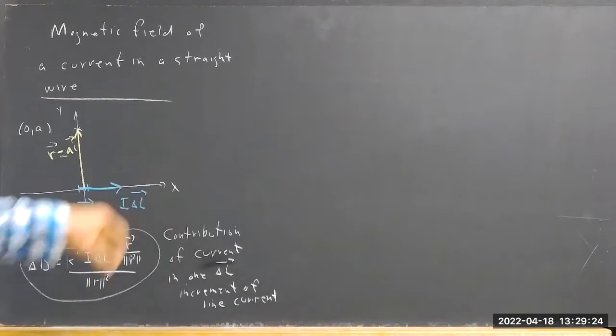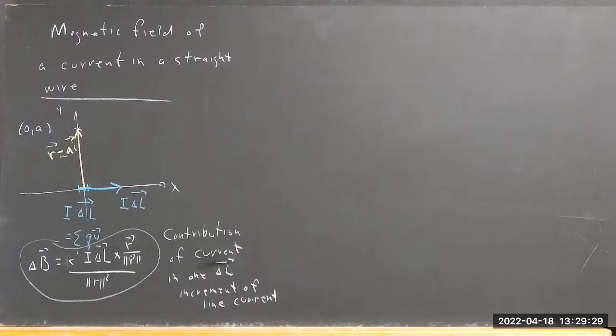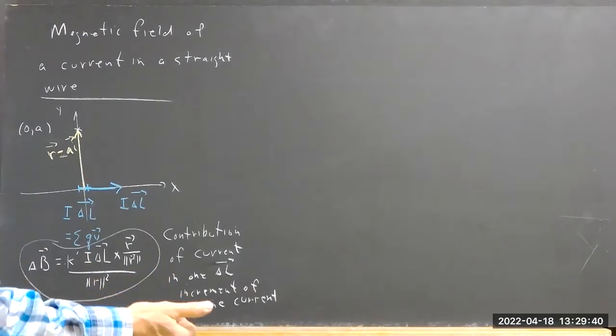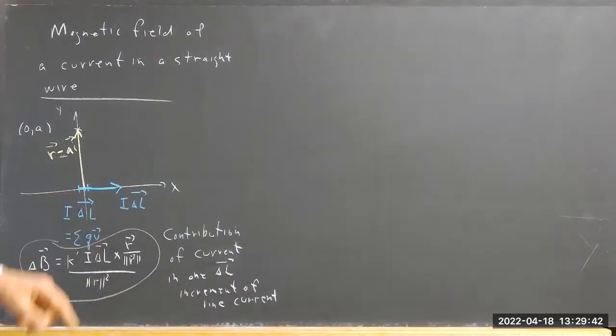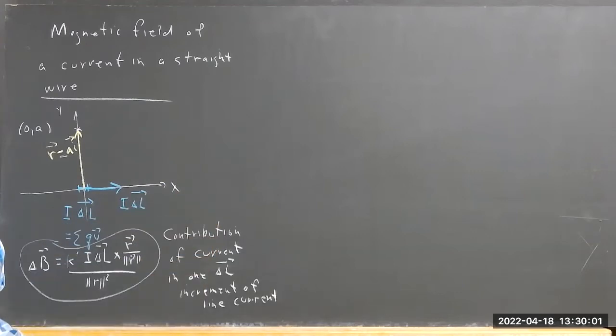In other words, in one delta L increment of that wire, if you wish. Now we want to discuss for a minute: if we have a length of wire, how do we get the current due to that chunk of wire? Or how do we get the magnetic field due to all the current in the wire, let's say between negative 10 meters and plus 10 meters or whatever?